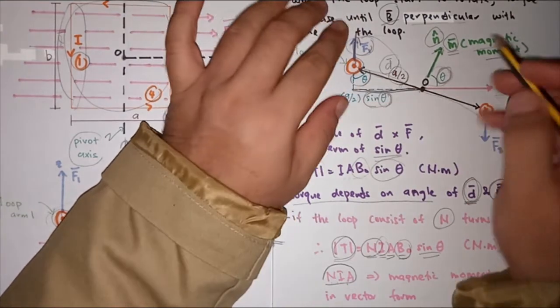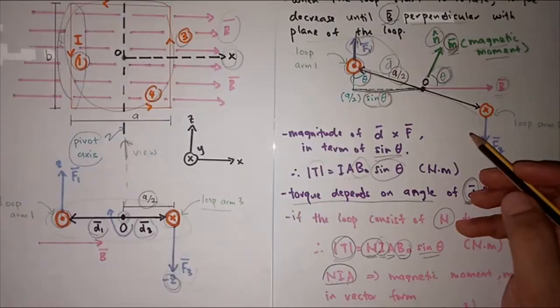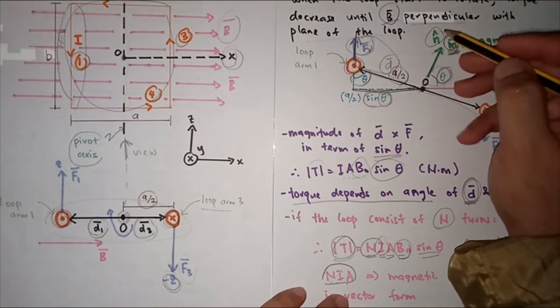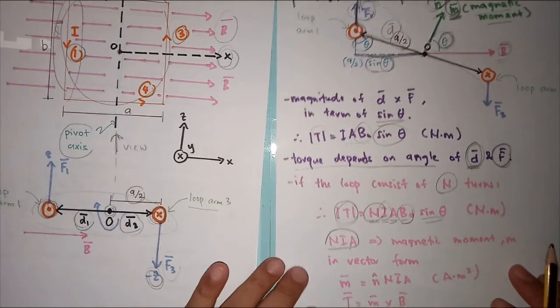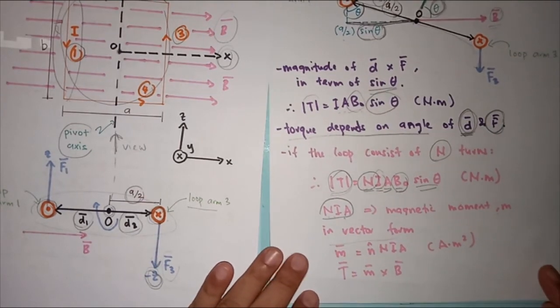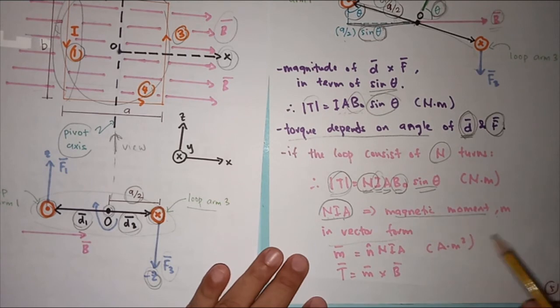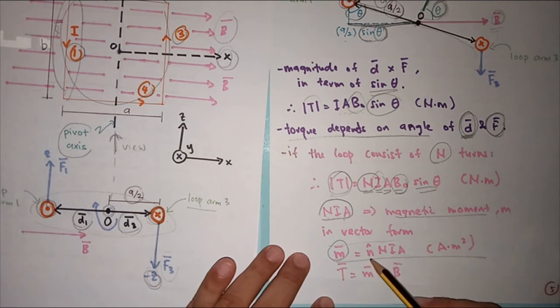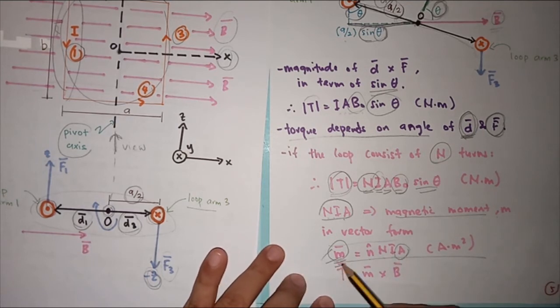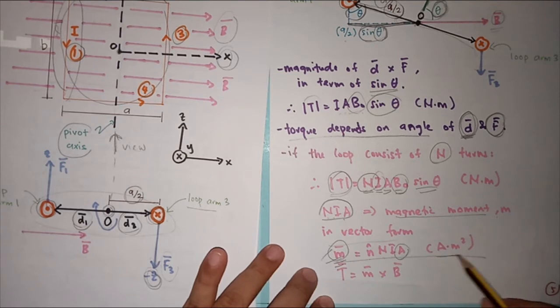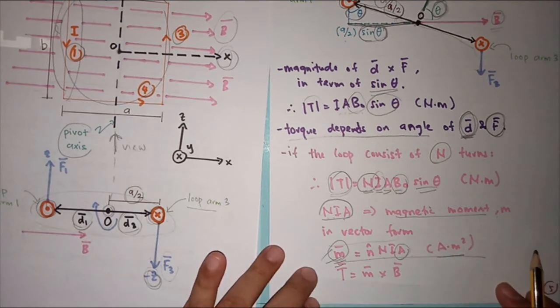We call it vector M, and this vector M has a unit vector equal to n cap. Therefore, in vector form, our magnetic moment can be represented by this expression: vector m is equal to n cap, the unit vector, multiplied by N I A, the number of turns, current, and area of the loop. The unit for this vector is ampere meter squared.